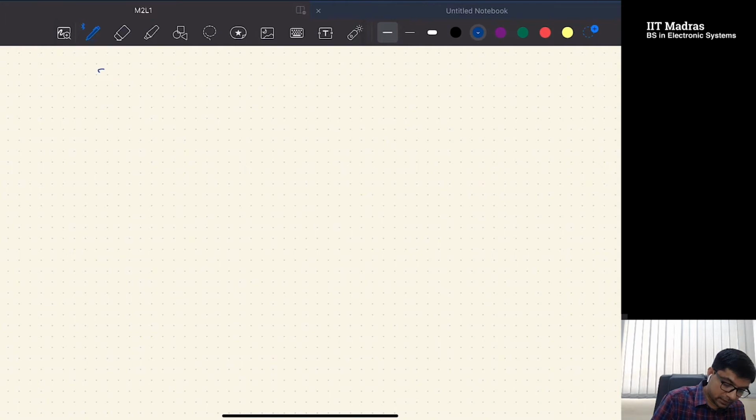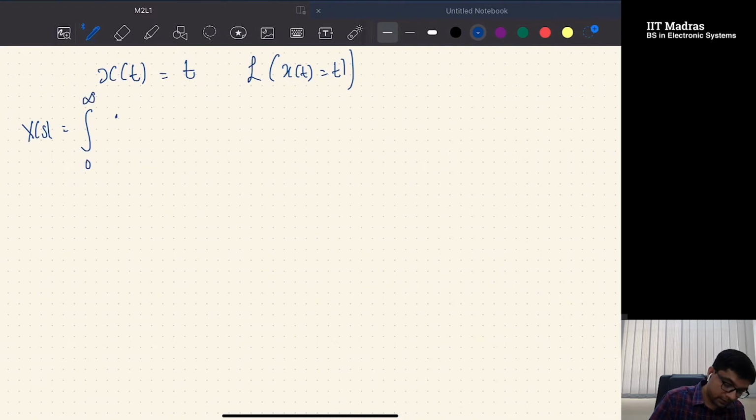I have a function x of t equal to t, and I want to compute the Laplace transform of this x of t, which is equal to t. By definition, x of s in this case would be the integral from 0 to infinity of t e power minus st dt.